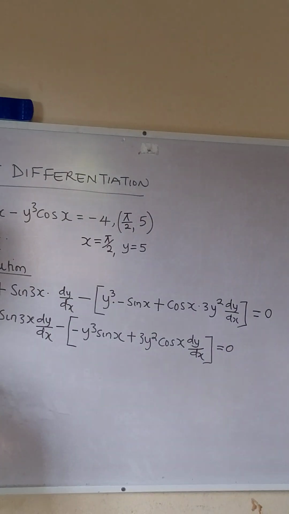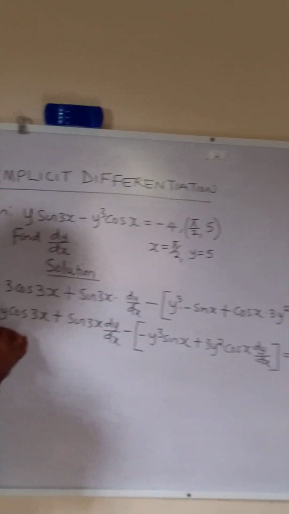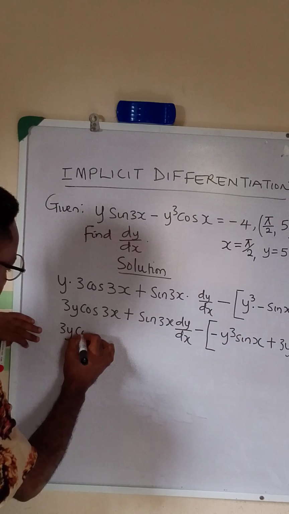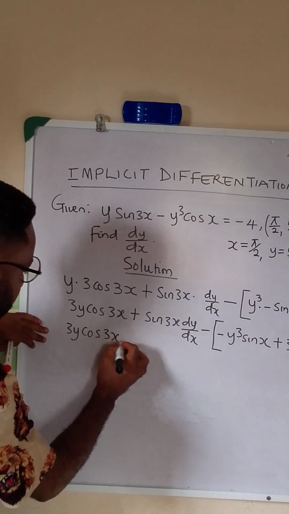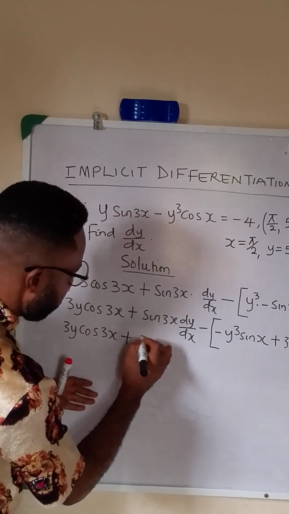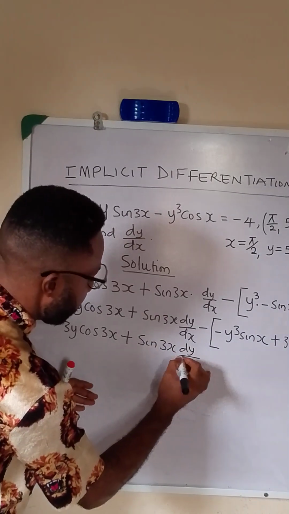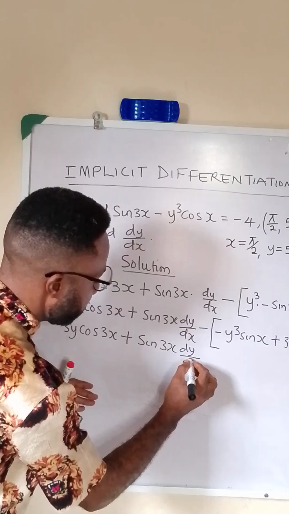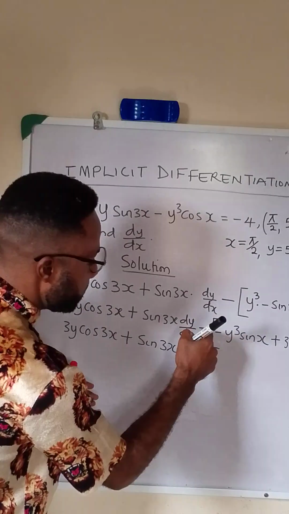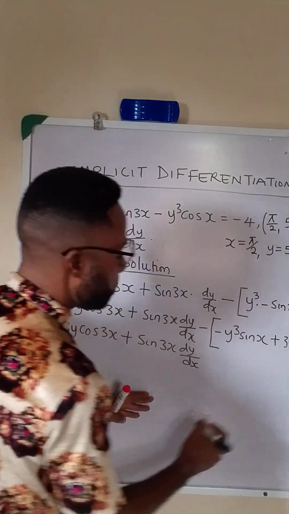Okay, we go over it again. So we are going to have 3y cos 3x plus sine 3x dy dx. We can now use this negative sign to open this bracket.